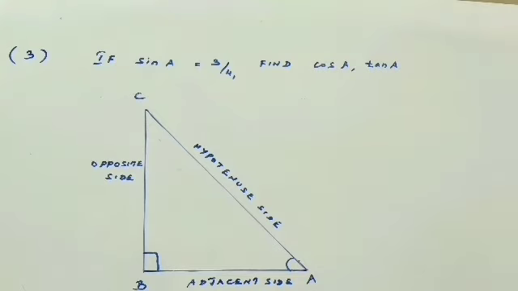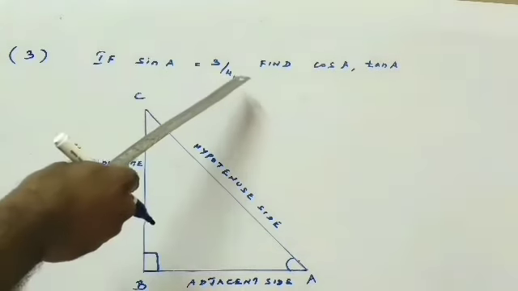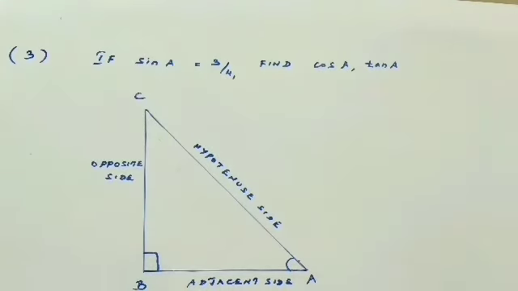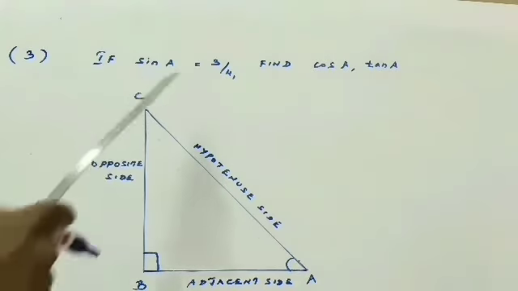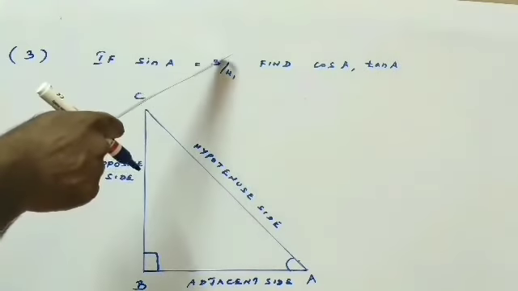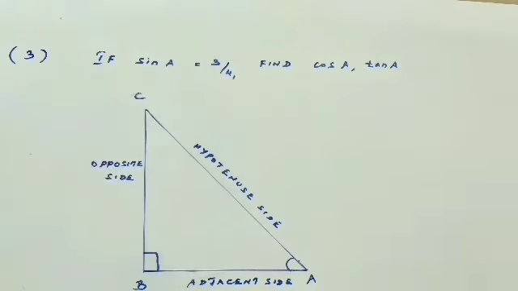Here the opposite side is BC, and the hypotenuse side is CA or AC.